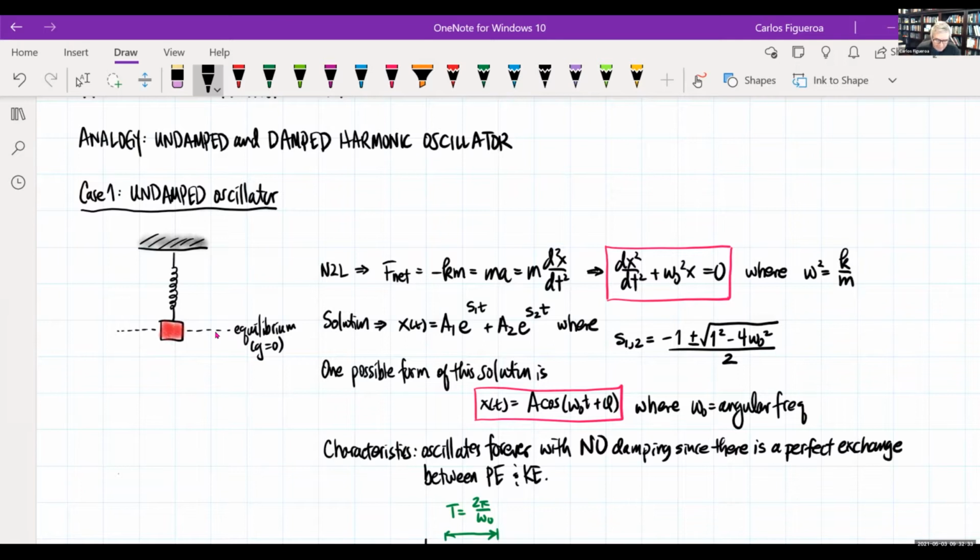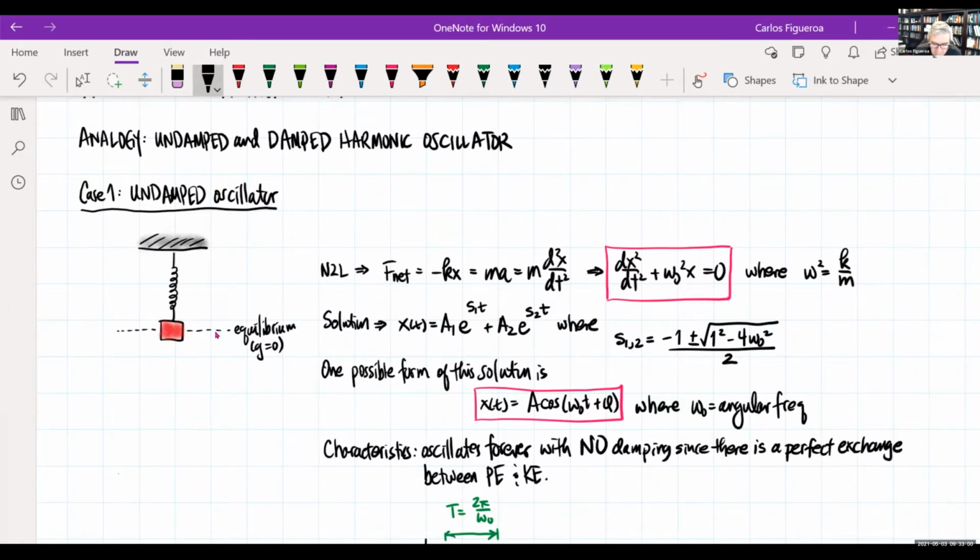It doesn't really matter. But just for the sake of simplicity, I said G is equal to 0, so that way we don't have to include it in our force equation. So when I apply N2L, I know that the net force, where's the M coming from, dude? That's an X. It's the spring force, and that has to equal, of course, mass times acceleration. So if you clean this up, you get this here.